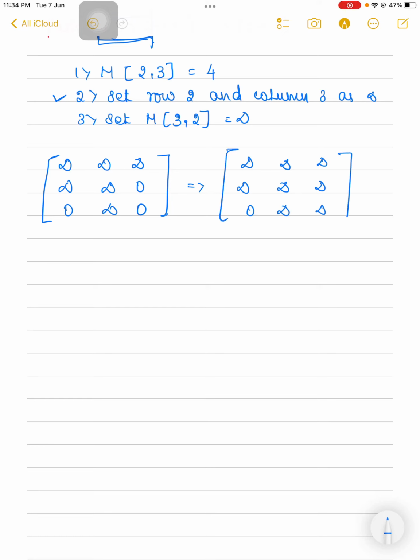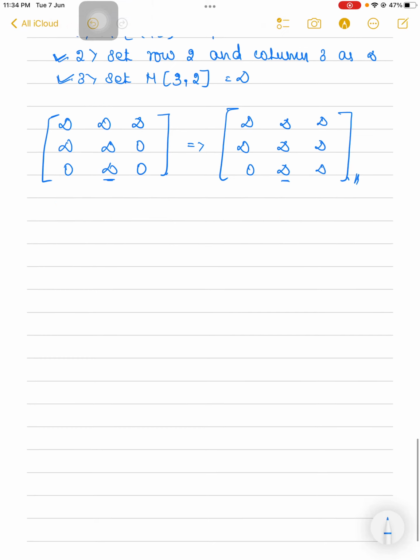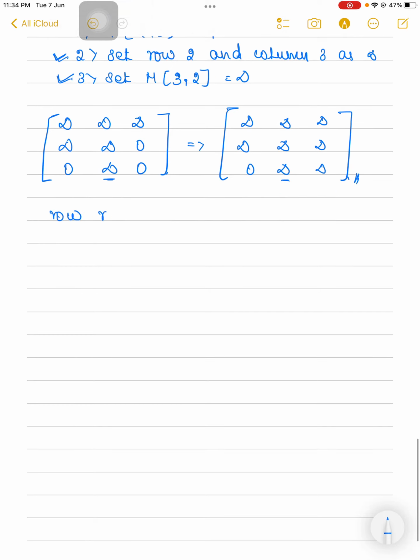And also 3 comma 2 should be infinity. So 3 comma 2 is this part, and it is already infinity. So we just applied both of these steps, and after applying these two, we get this as the final matrix. Now start performing the row reduction as usual as well as the column reduction, so that we'll be able to compute the lower bound value.